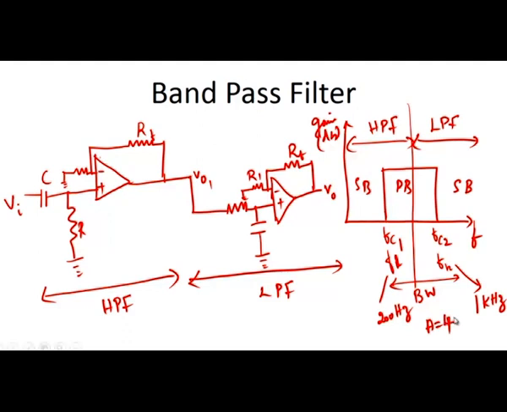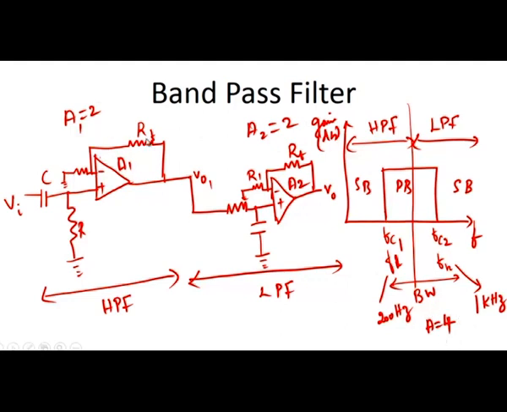For this design, you have to consider that the gain given as 4 is the product of the gain of amplifier A1 and amplifier A2. A1 has the gain 2, similarly A2 has the gain 2. If you multiply these two gains, you have the entire gain of the band pass filter as 4.